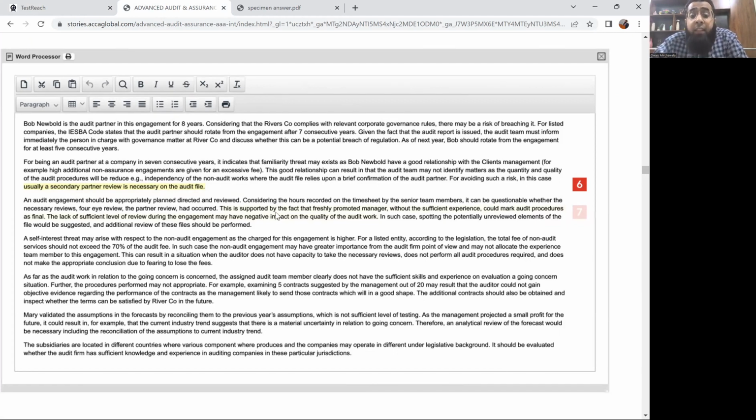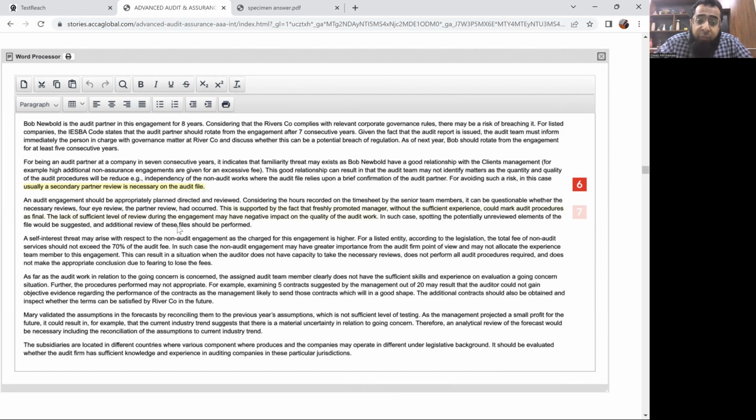This is supported by the fact that a freshly promoted manager without sufficient experience could mark audit procedures as final. The lack of a sufficient level of review during the audit engagement may have a negative impact on the quality of the audit. In such a case, spotting the potentially unreviewed elements of the file would suggest an additional review of these files should be performed. So very few hours were performed by the audit partner and the senior audit manager. Most of the reviews were done by the audit manager, and this shows the concerns for quality.